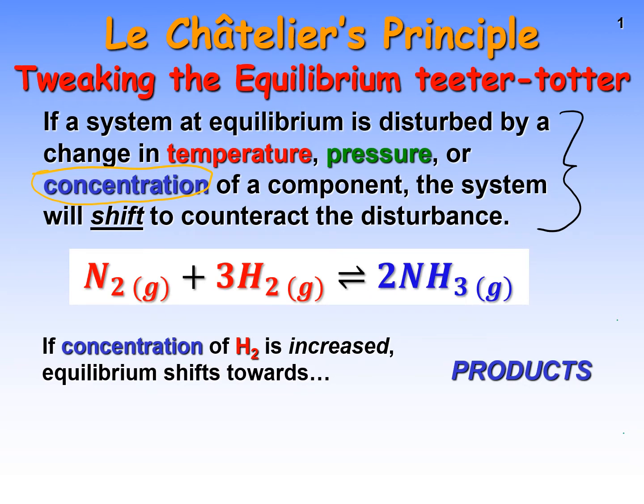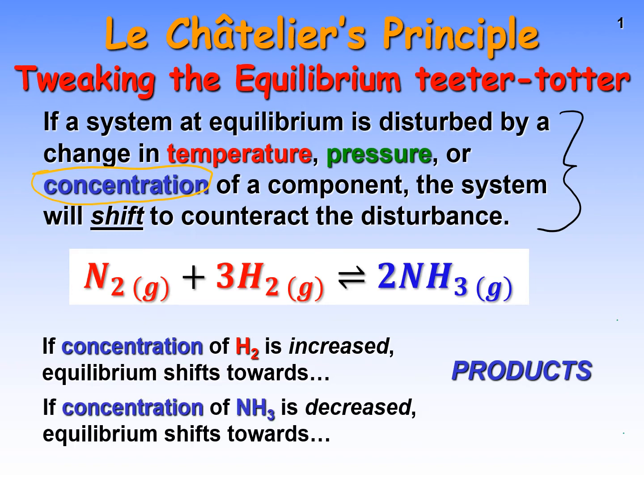Now let's look at one more concentration example before we talk about how to tell which way it's going to shift. If the concentration of NH3 is decreased, say I'm bringing it down somehow, maybe I put something in to get rid of it, maybe I took some of it out, which direction will the equilibrium shift to counteract that?